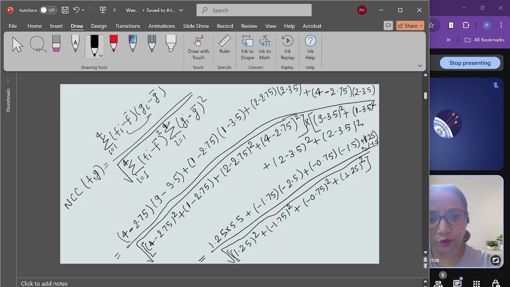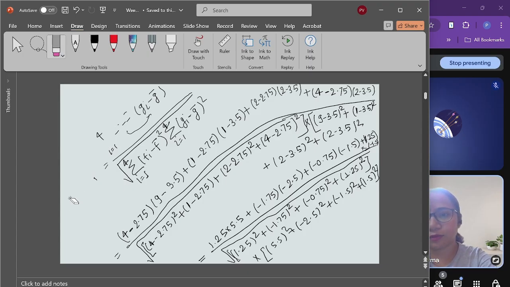This is for feature vector f, and next is for feature vector g: 5.5 square plus minus 2.5 whole square plus minus 1.5 whole square plus 1.5 whole square.